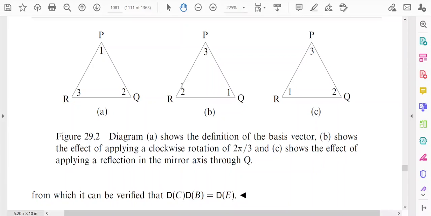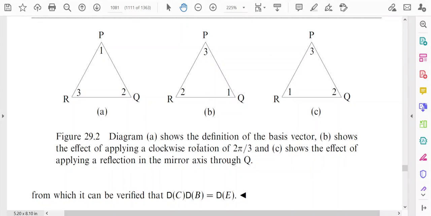Point 1 will come to the position of Q. Previously 1 corresponded to P, but now 1 corresponds to the point Q. Similarly, 2 will be shifted to R, so 2 will correspond to R and 3 will correspond to P. This is the new figure that we obtain after the clockwise rotation of 2 pi by 3.